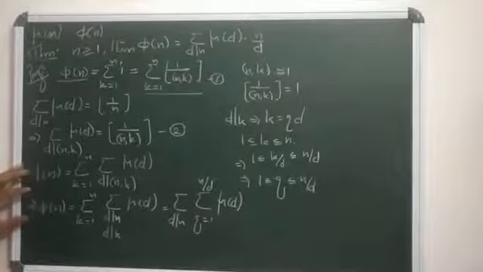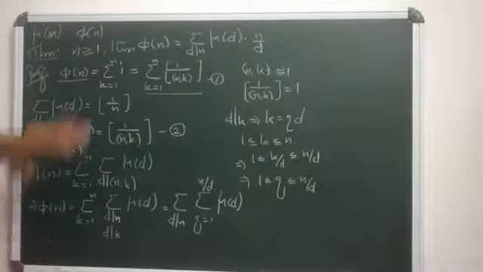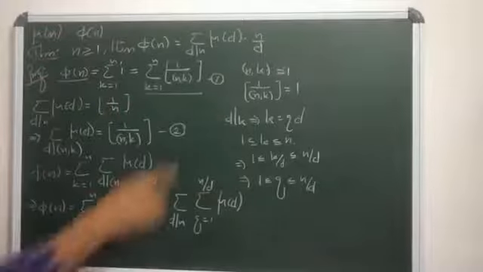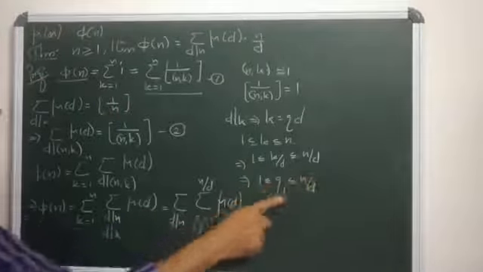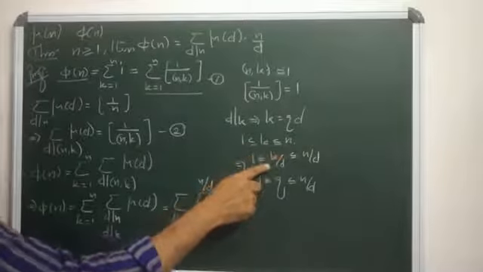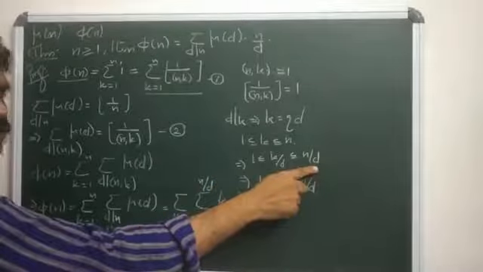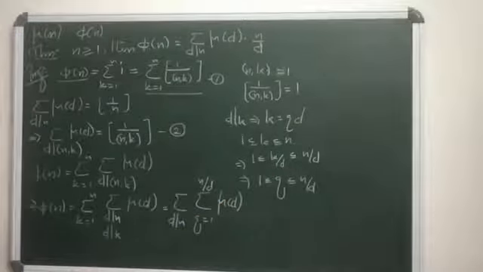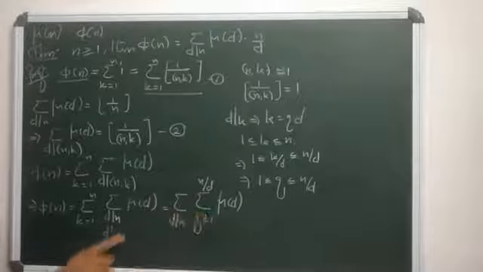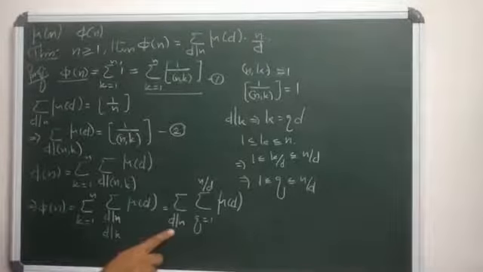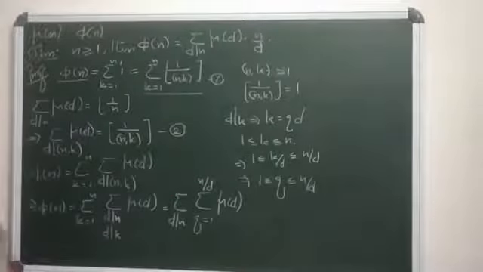For phi of n, it equals this one. But we know that d divides k means k equals q into d. Moreover, q ranges from 1 to n by d. Why? Because k ranges from 1 to n, so 1 is less than or equal to k by d, less than or equal to n by d, meaning 1 is less than or equal to q, less than or equal to n by d. So instead of d divides k, this can be rearranged as sigma over d divides n, sigma q ranges from 1 to n by d of mu of d.